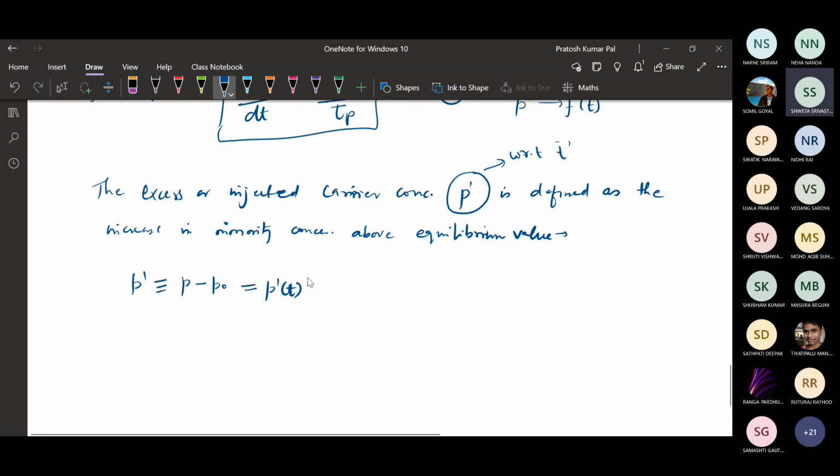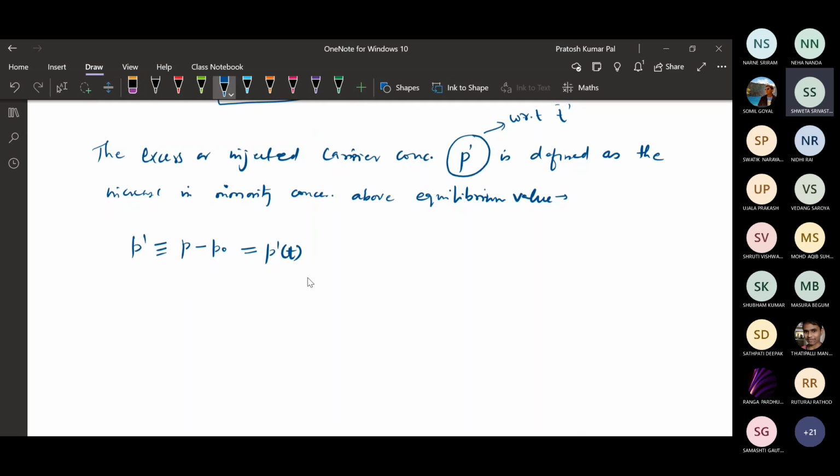From there, if we find the rate of change of the increased value, it will be given as minus p dash divided by tau p. This negative sign indicates that the change is a decrease.